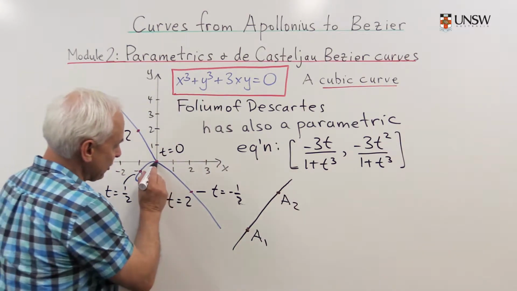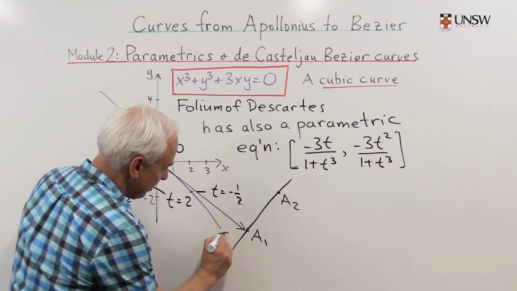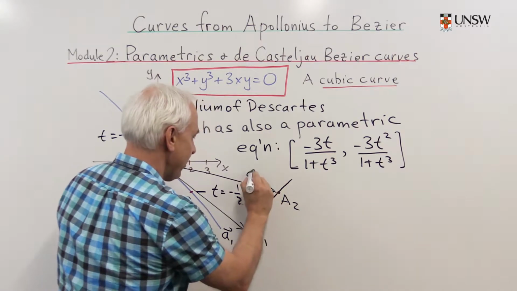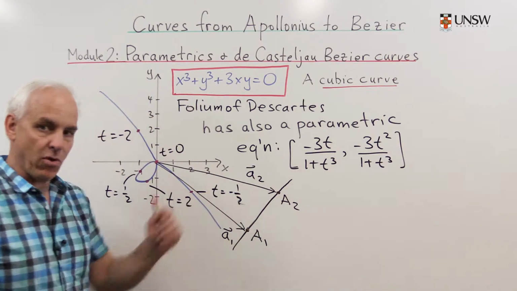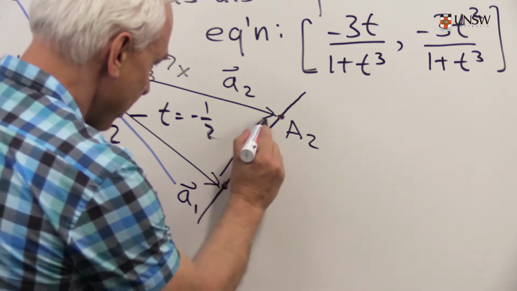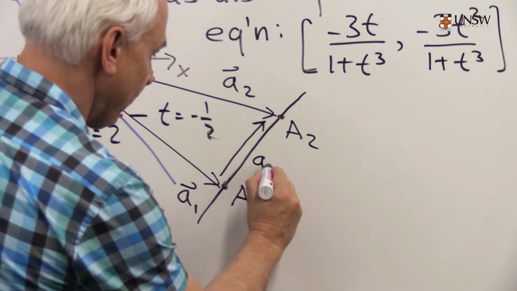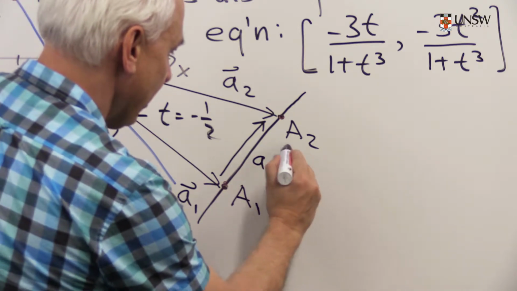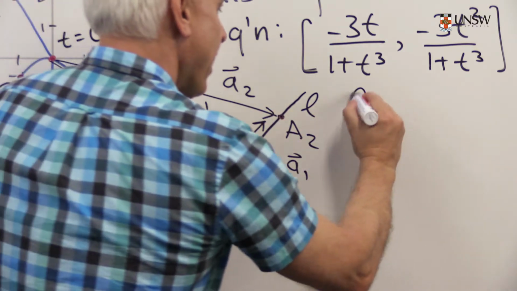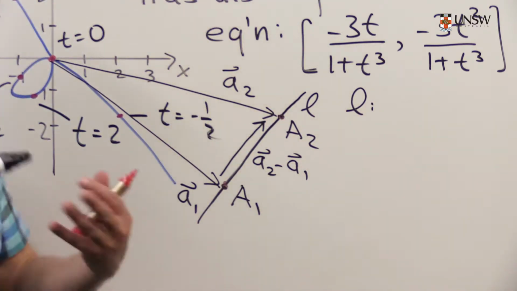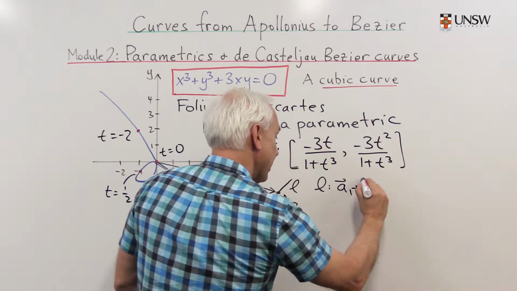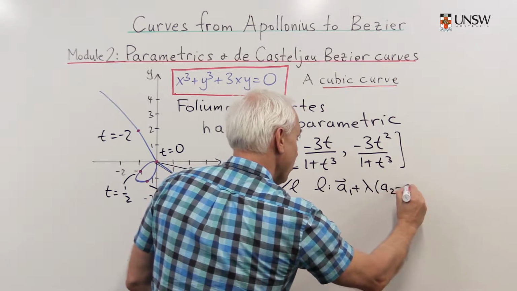Suppose the vectors of these 2 points are A1 and A2. These are the vectors from the origin to these 2 points. Then this vector here is the difference, A2 minus A1. And then this line L can be described parametrically as A1 plus lambda times (A2 minus A1).